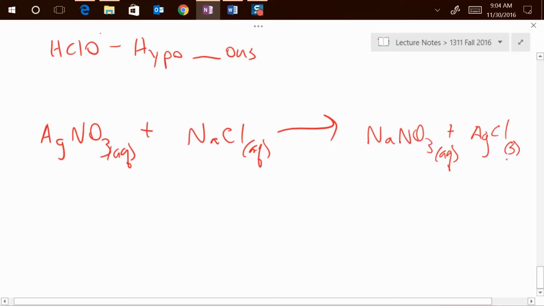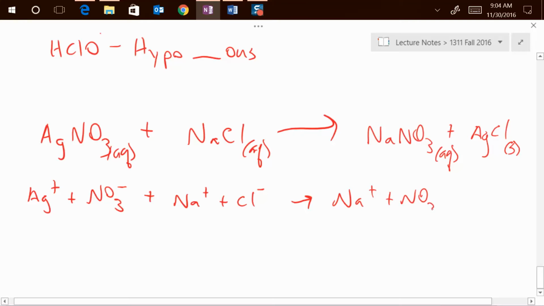So the ionic equation here is Ag+ plus NO3- plus Na+ plus Cl- produces Na+ plus NO3- plus AgCl solid. The rest of these are all aqueous. Okay?